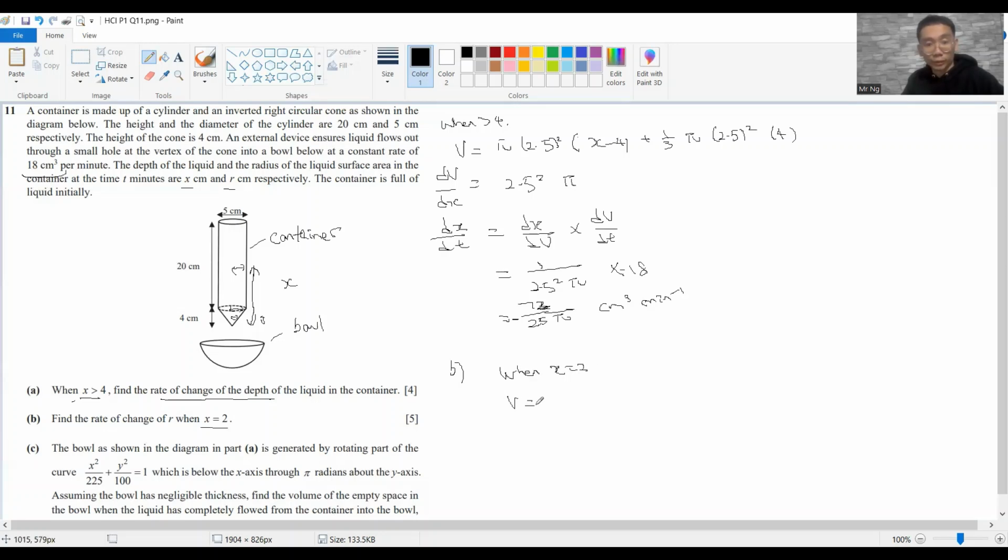The volume will be equal to pi r squared h.